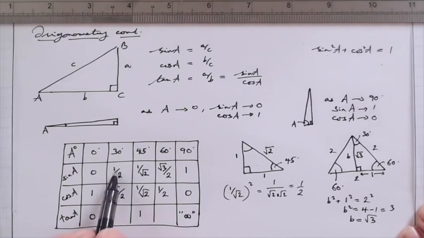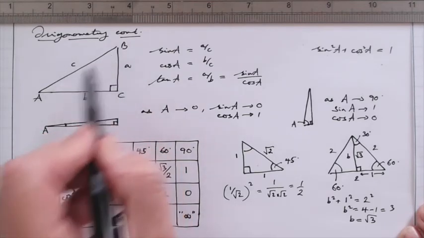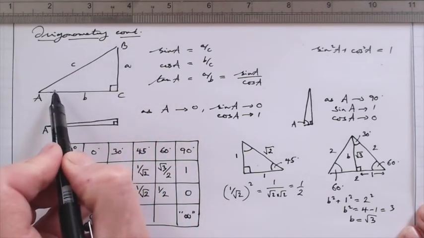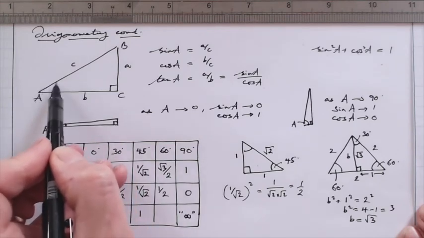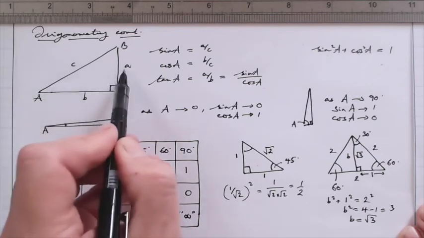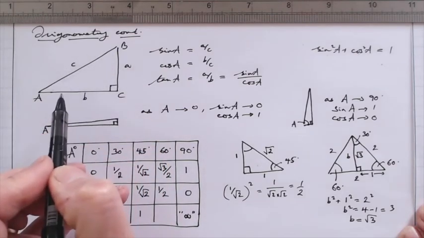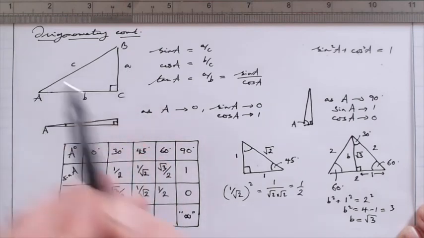Do you notice how there is a diagonal symmetry between sine and cosine? And that's because these two angles have to add up to 90 degrees. So when we talk about the sine of A being this over this, we may as well be talking about the cosine of B being this over this.